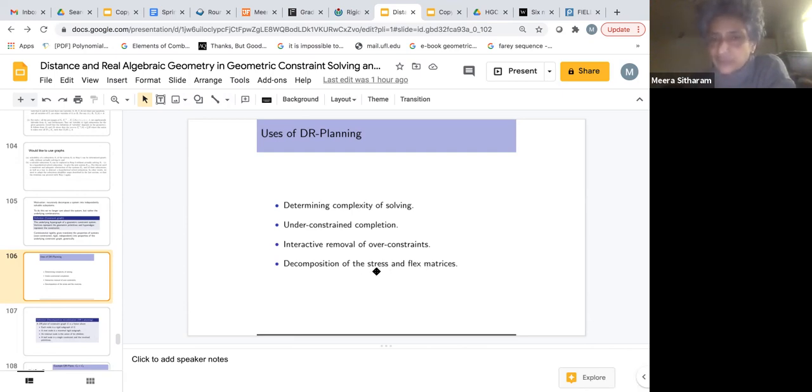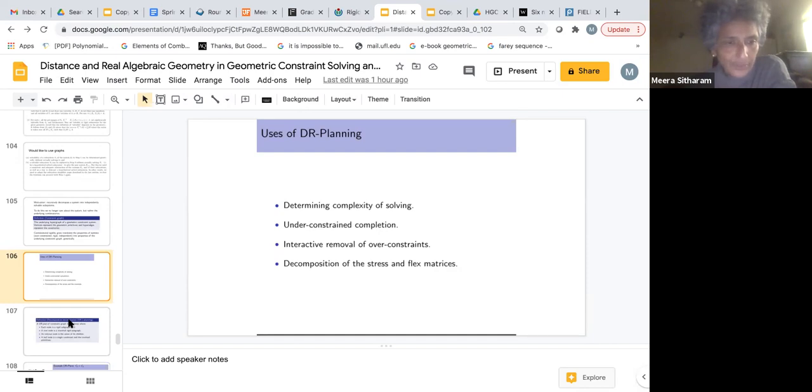Whichever way you want to think about it, whether you want to think about it as just putting the stress vectors down as rows of a matrix, or putting the flex vectors down as columns of a matrix, or writing the stress vectors as a stress matrix, or flex vectors as flex matrices, whichever way you think about it, you get decompositions from the DR plan.